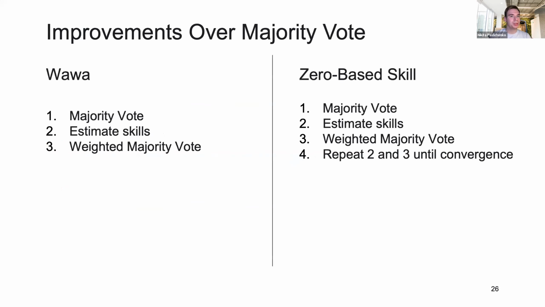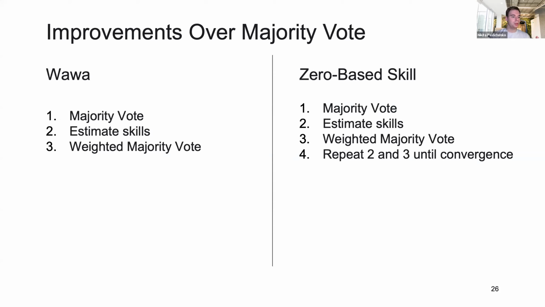And we have implemented some improvements on the majority vote. The first method is something called WAWA. It's weighted average. It does 3 steps. First, it aggregates the responses by the majority vote. At the second step, it tries to estimate the skills.